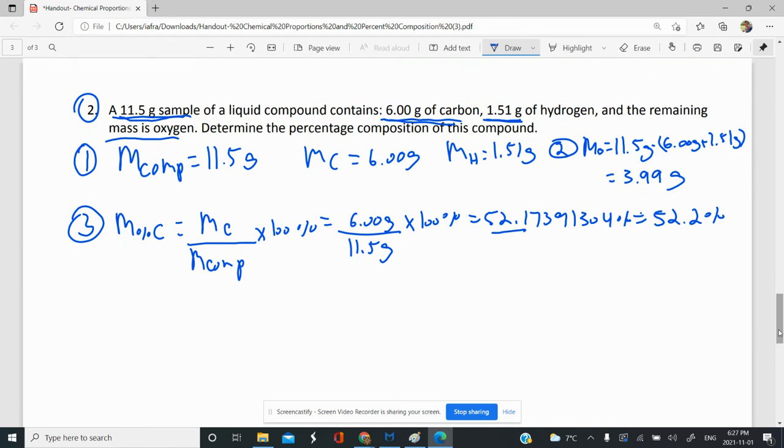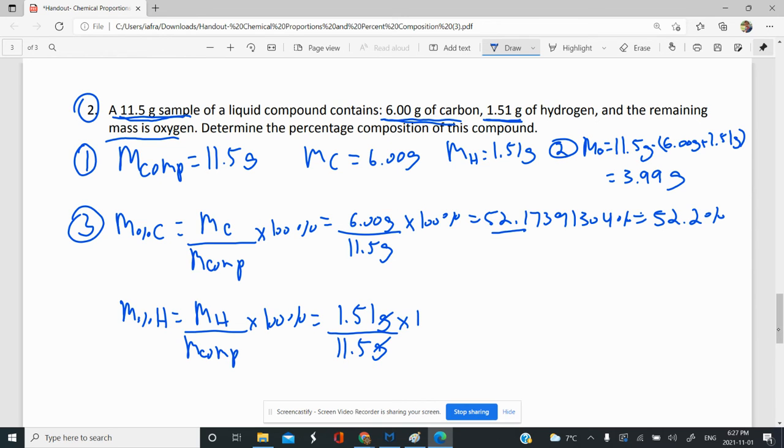We can do the same thing for the mass percent of the other elements. So let's do mass percent of hydrogen, which is equal to the mass of hydrogen in the compound divided by the mass of the compound total times 100%, which is the 1.51 grams over the mass of the compound, which is 11.5 grams, times 100%.